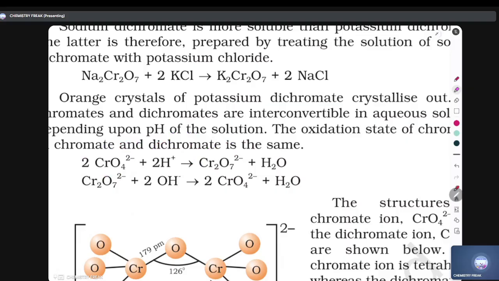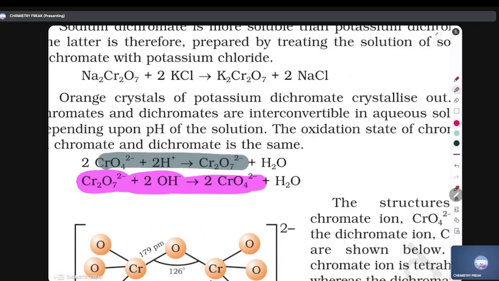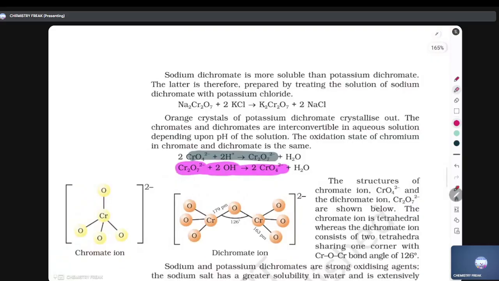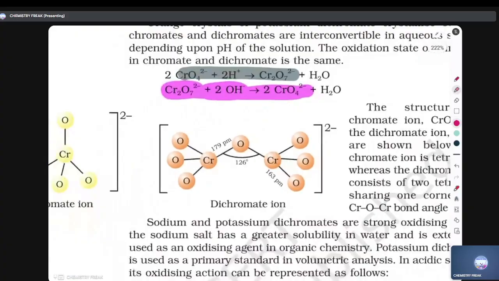Reverse: dichromate, when treated with base, becomes chromate. Chromate with acid gives dichromate; dichromate with base gives chromate. Are you able to understand the reverse reactions? Clear?